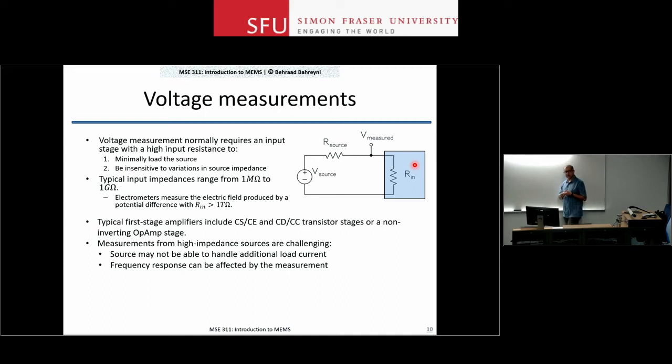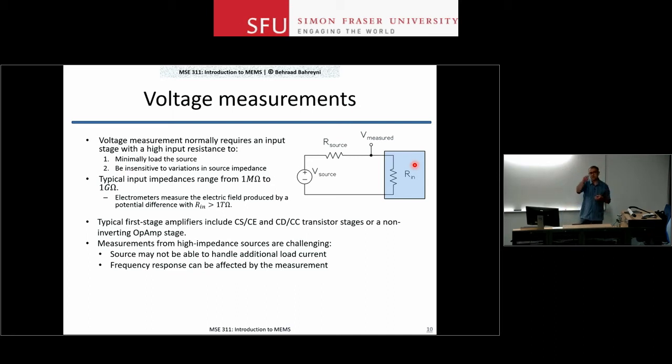Frequency response in most situations is affected by the measurement. As soon as you contact that point, you have an additional R. We are normally ignoring the speed issues in a lot of our measurements, or we haven't talked about them in too much detail so far. But you always know that there's always something that limits the speed. In electric circuits, you usually model them with RC combinations.